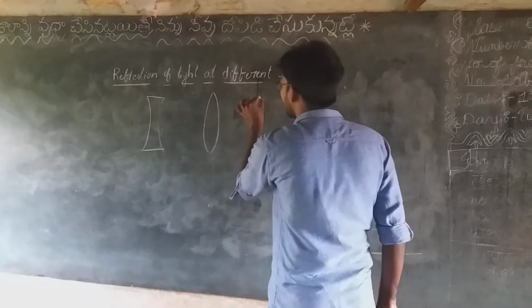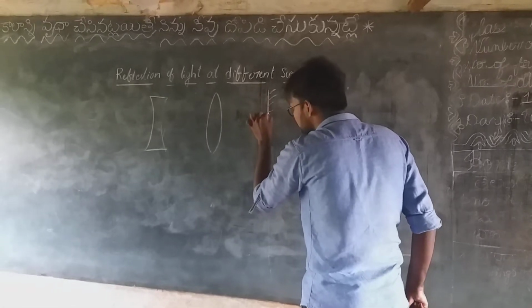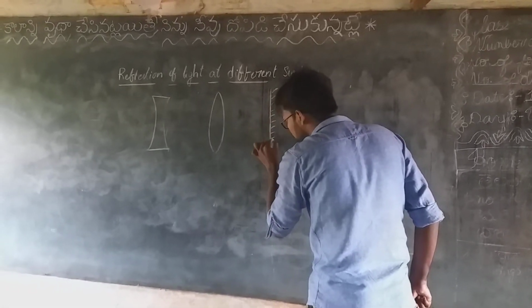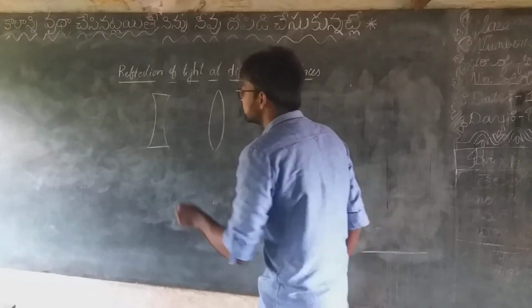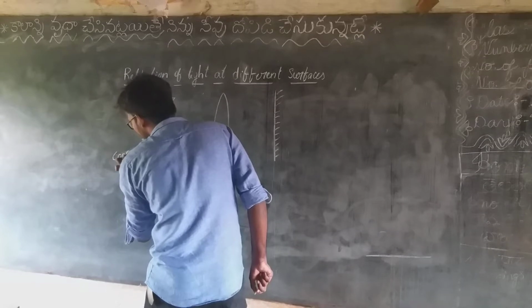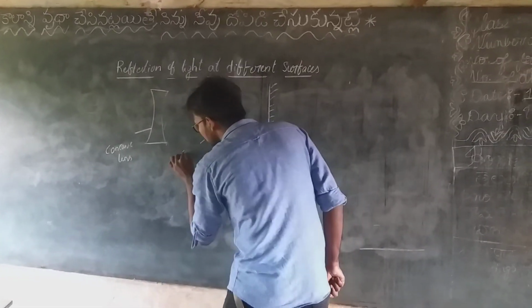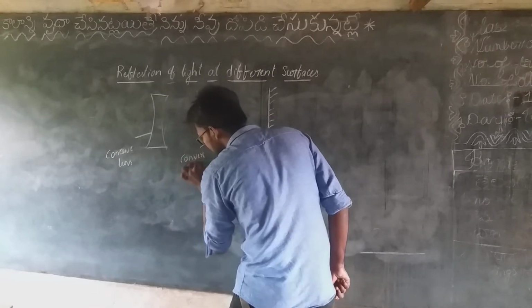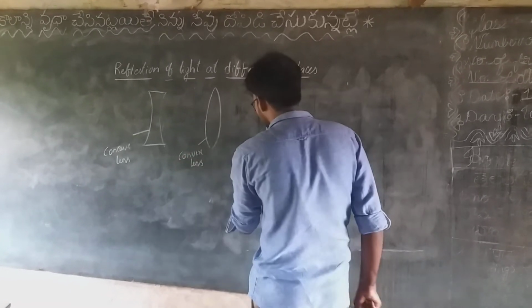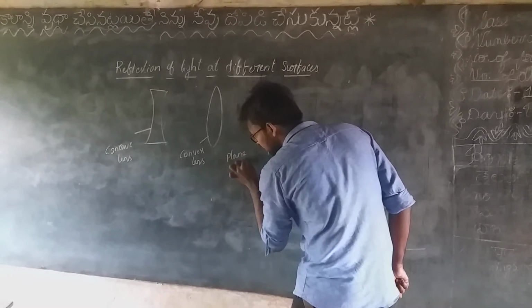This one, as well as what is this one? If any one of you know, please note it down. This is a concave lens. This is a convex lens, and this is a plane mirror.